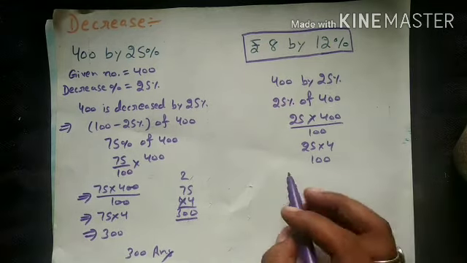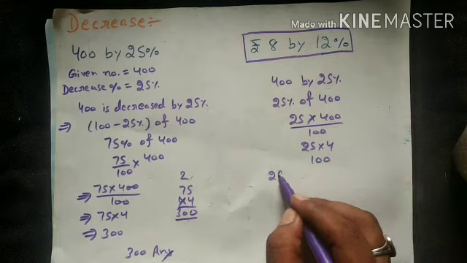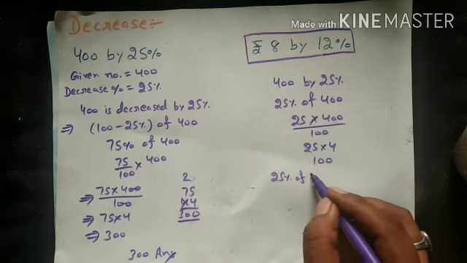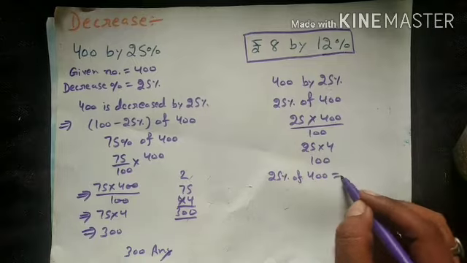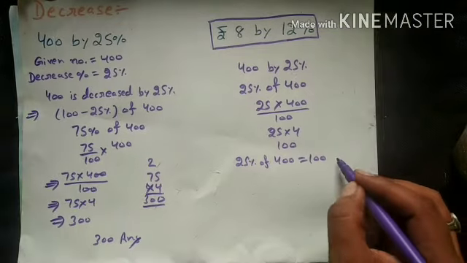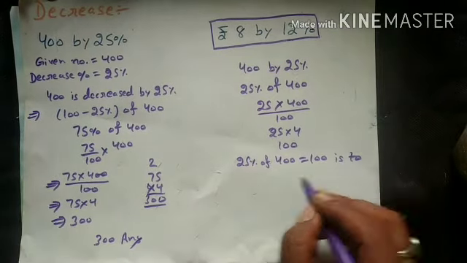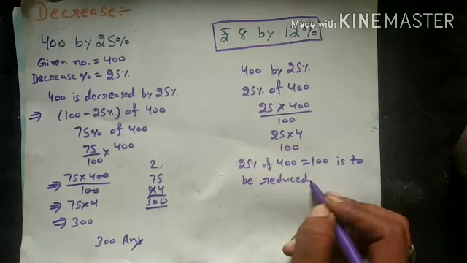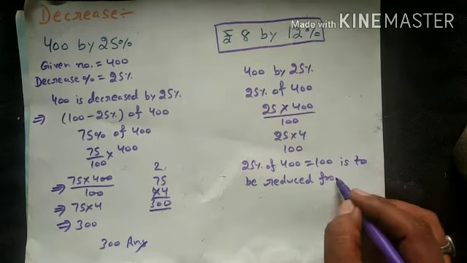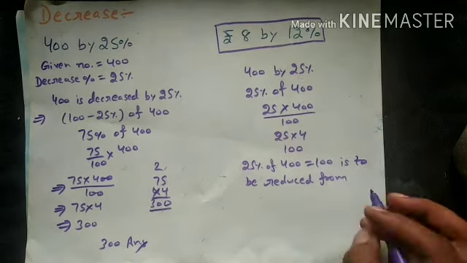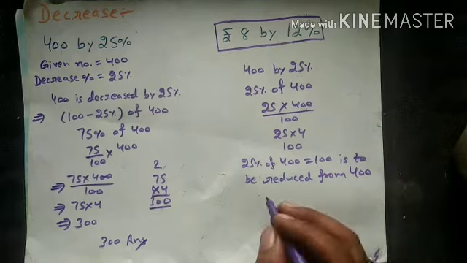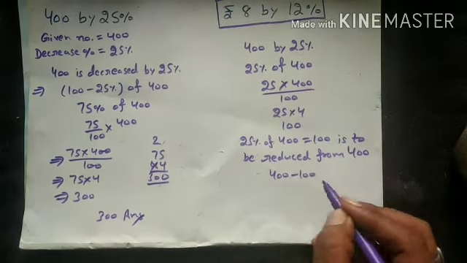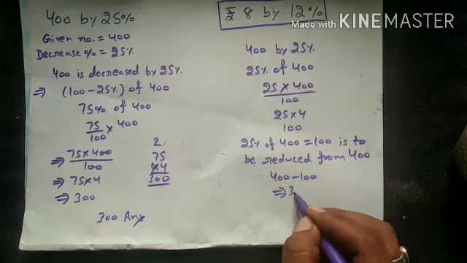Now we come to know that 25% of 400 is equal to 100, which is to be reduced from 400. So I will subtract 100 from 400. So I got the answer 300.